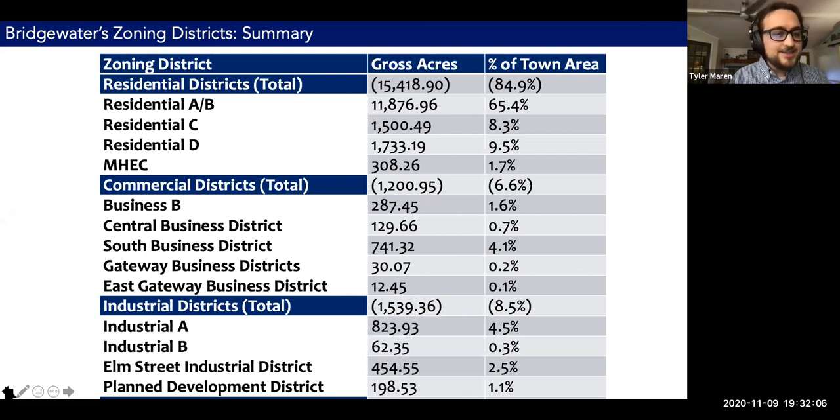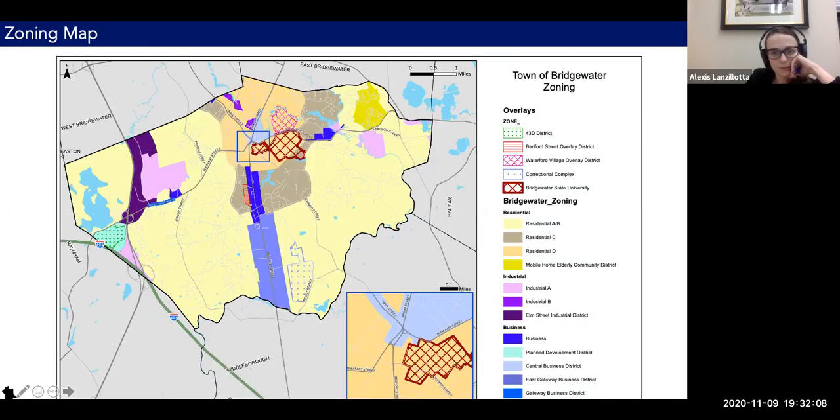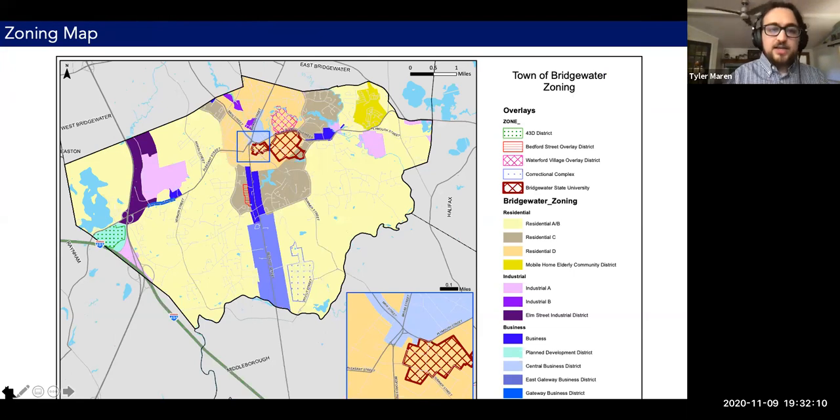You can see residence A is that light yellow, most of the town. Residential D is the orange that surrounds the town center. And in between those is C. So it acts like radiating out from the center, controlling the density and character of the residences rather than super specific uses.